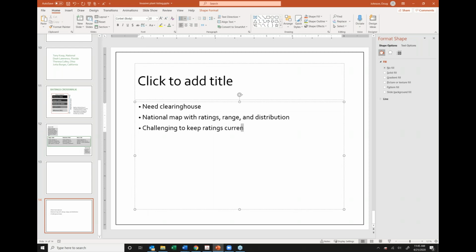But I think that would be very valuable, and I think we could design a very simple, minimal, basic status assessment that could describe the status of the species, looking at just a few things.